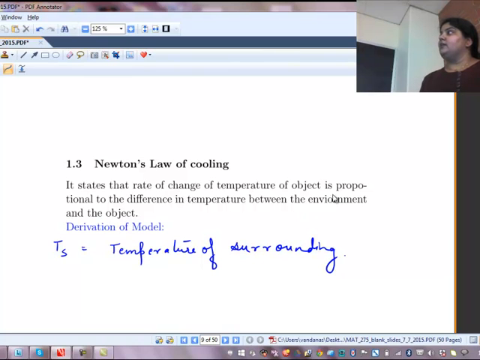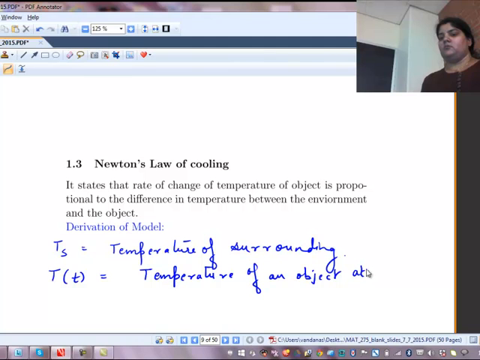Then what else do we need? We need the temperature of an object at a time t. So the temperature of the object at time t I will denote as capital T of t.